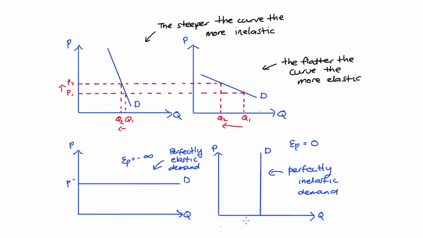One trick to remember the identification of a steep slope and perfectly vertical slope with inelastic is to see that our vertical line is like I for inelastic, whilst the horizontal line looks like the horizontal lines of E for elastic. So some people think that's cheating, but whatever helps you to understand and remember, and I think actually that really helped me when I was studying, so whatever works for you, I say just go for it.